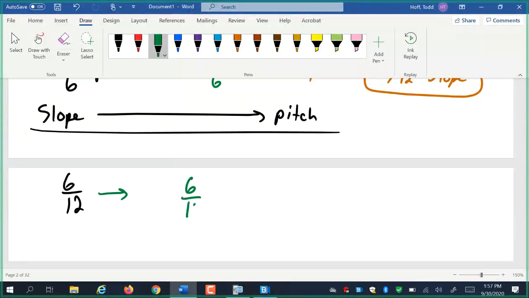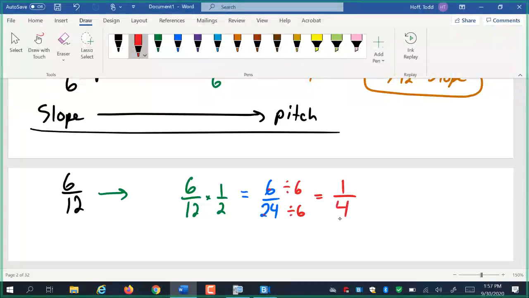Multiply it by 1/2. 6/12 times 1/2, well, 6 times 1 is 6, 12 times 2 is 24. Basically, all I'm doing is turning the 12 into a 24 every time. And then I reduce it. Both of those can be divided by 6. 6 divided by 6 is 1. 24 divided by 6 is 4. A 6/12 slope is a 1/4 pitch.